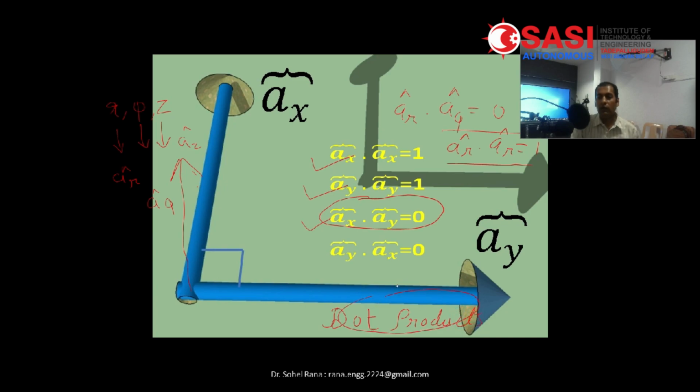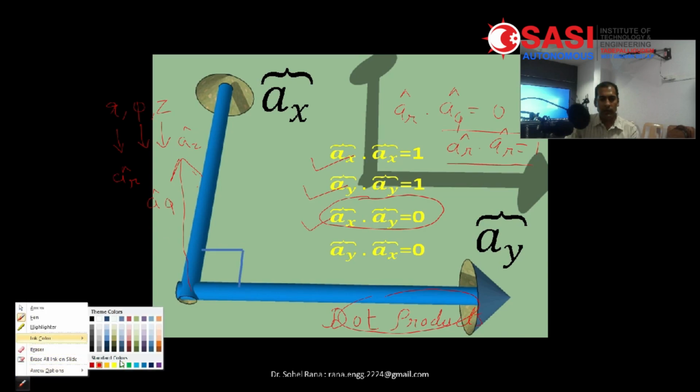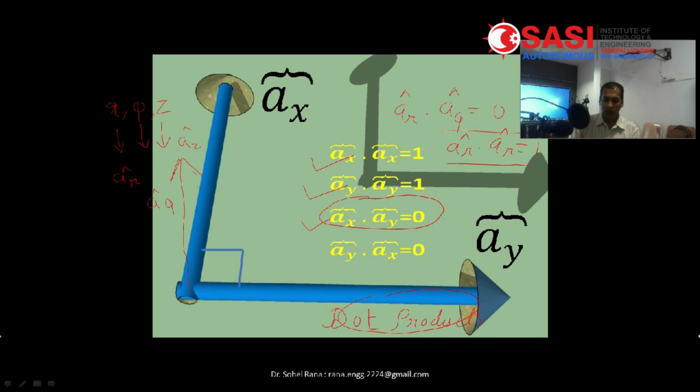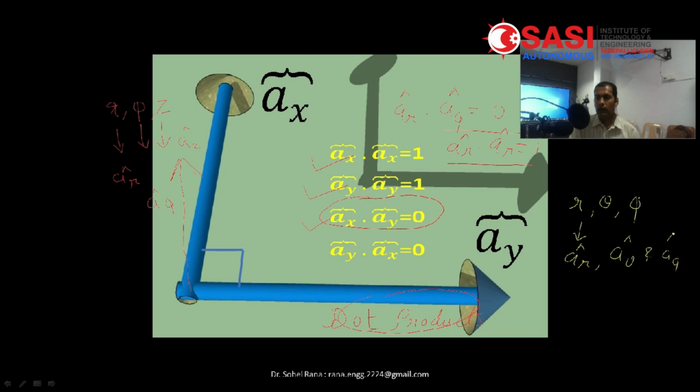For the cross product, it will be opposite. That also we will see. As we have seen for the cylindrical coordinate system, similarly we will see for the spherical coordinate system. What are the components for the spherical coordinate system? We have r, theta and phi. For these three, the direction components will be ar cap, a theta cap, and a phi cap.